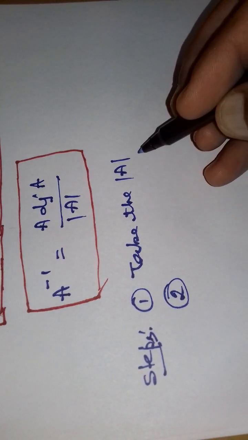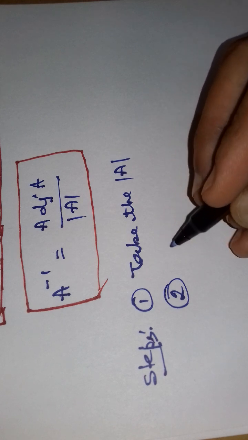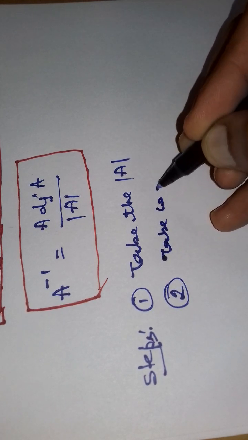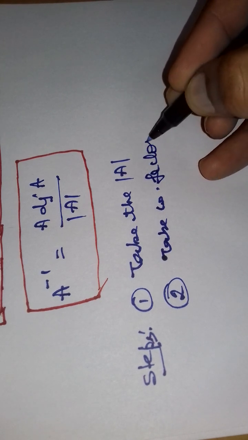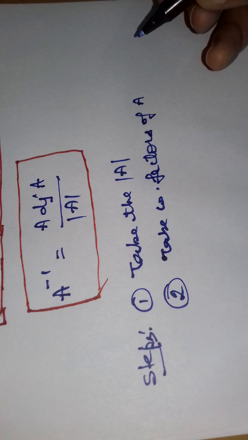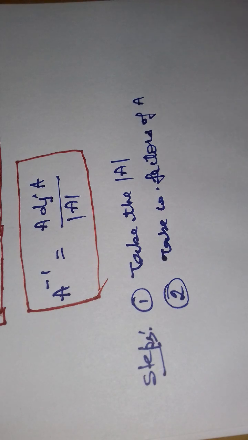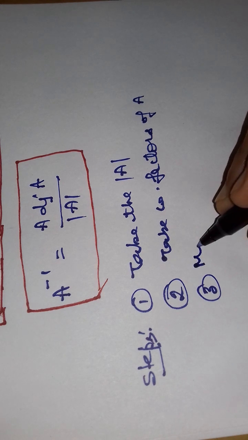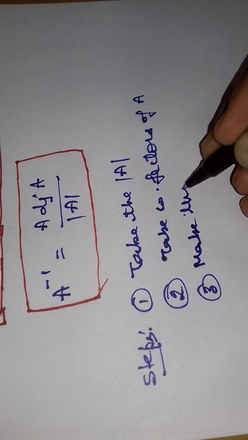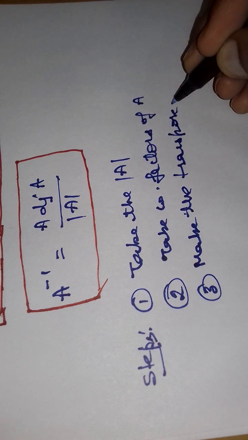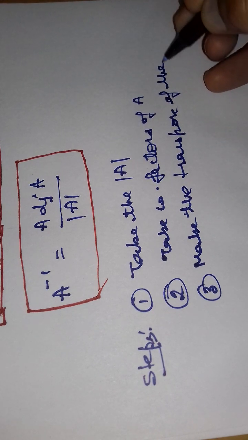First one is take the determinant of A, and second one is take cofactors of A. Third one is make the transpose of these cofactors.